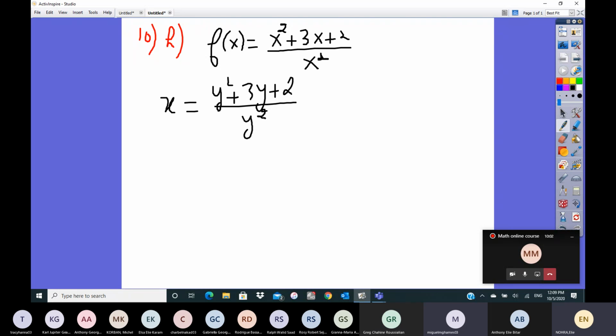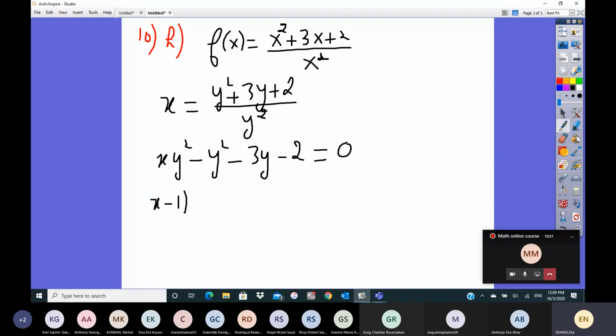To find y in terms of x, first of all, we have to do the cross multiplication and get the easy expression. Xy squared minus y squared minus 3y minus 2 equals 0. So it's as if I have x minus 1 times y squared minus 3y minus 2 equals 0.